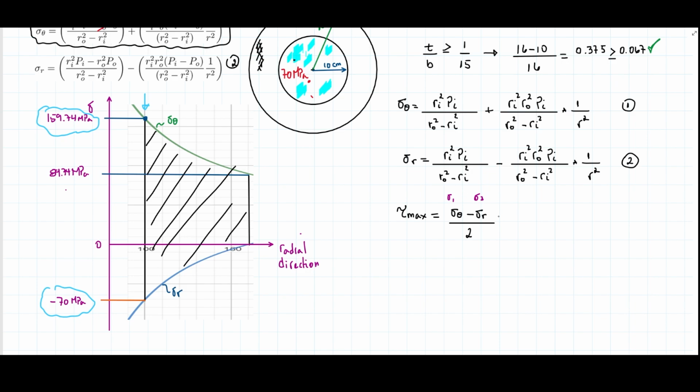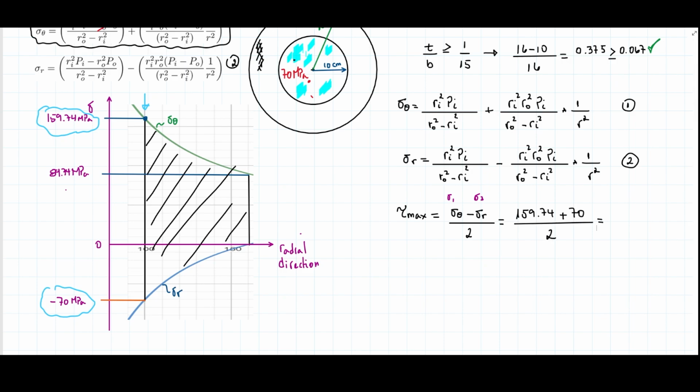So let's do it. For the maximum shear stress, I'm going to come back to the formula, and that's going to be 159.74 megapascals minus minus 70, because minus times minus is plus, and then we have this divided by 2.